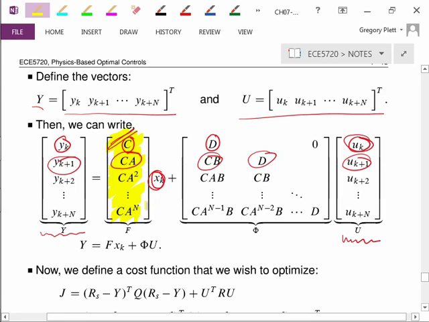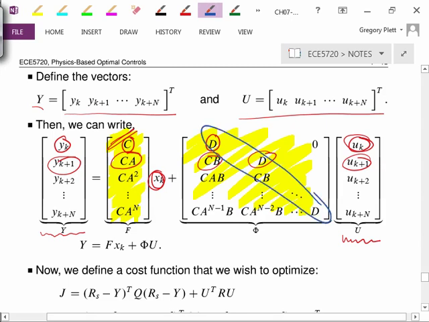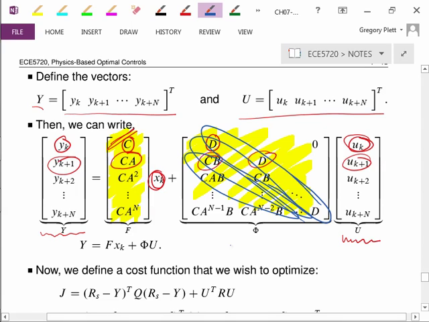We've seen this before, by the way, back in the previous course. We called that the extended observability matrix. We have a slightly different name for it here. We call it F. And then we have this matrix where on the diagonals we have D, and then I've got C times B, then C times A times B, etc. This is a Toeplitz matrix, and we've seen that before in the same setting, I believe, way back in the previous course when we unwrapped these equations.